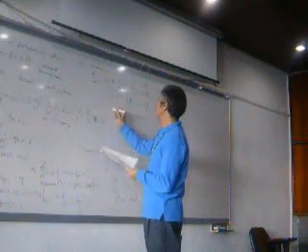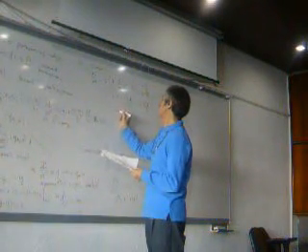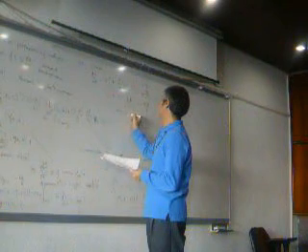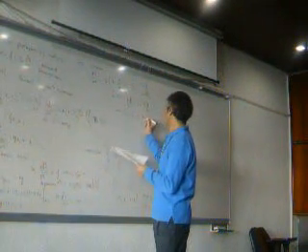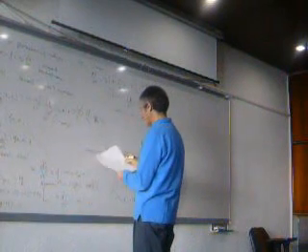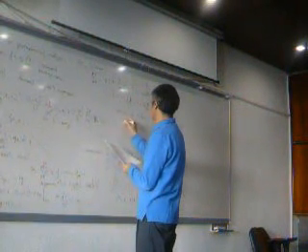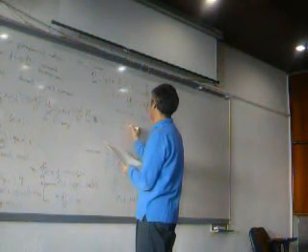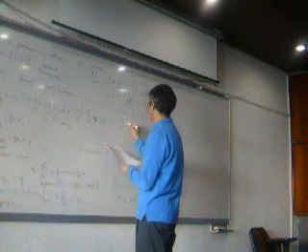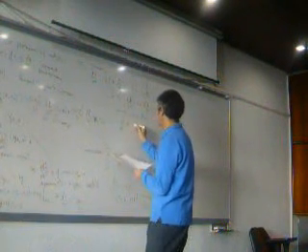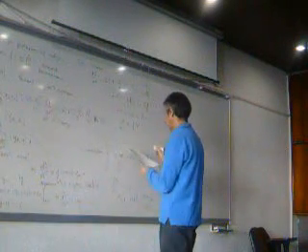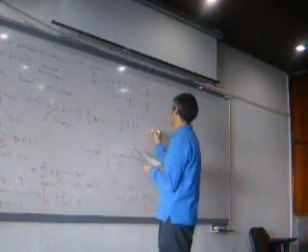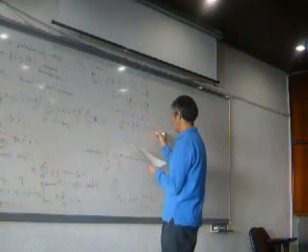So around 0, dp over dt is approximately equal to f of 0 plus p minus 0 times the derivative.